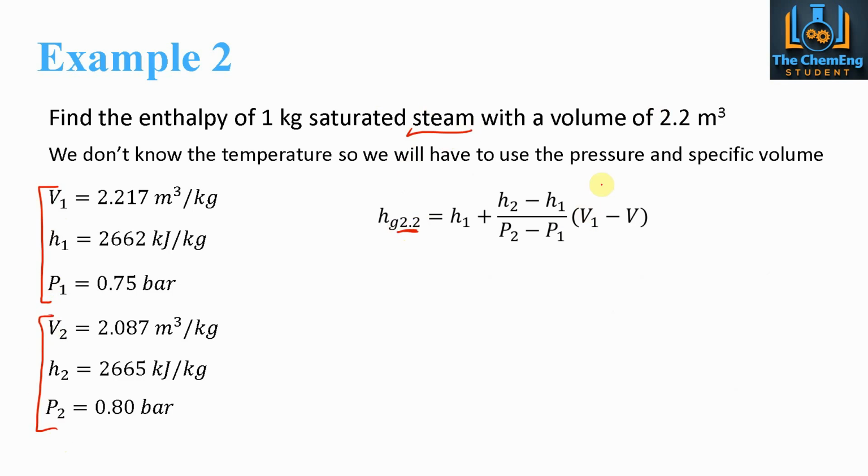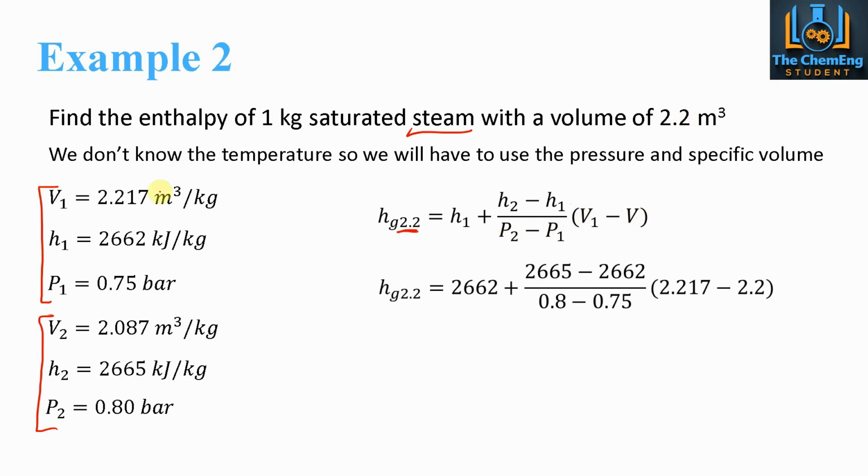So our general formula is going to be our lower enthalpy plus the change in the upper and lower enthalpy divided by the change in the pressure, so that's between the upper pressure and the lower pressure, multiplied by the lower volume minus our target volume. And our target volume is 2.2.